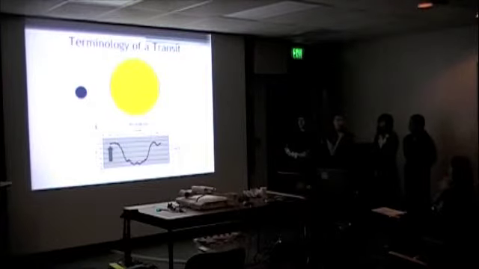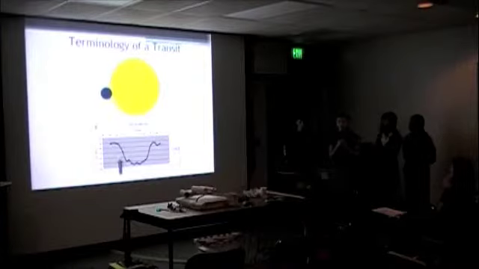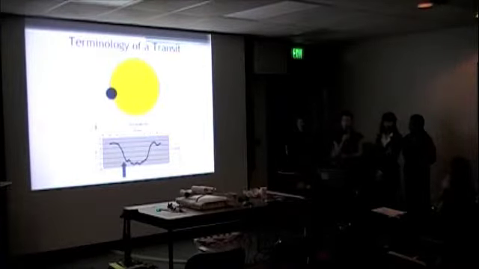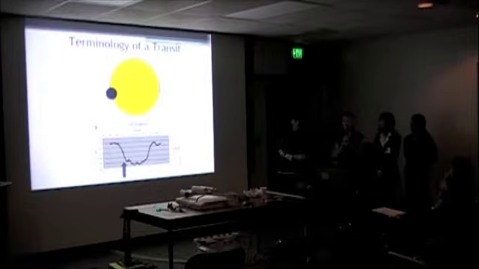So this is an animation of a transit. When the planet goes in front of the star, as you can see, the light curve decreases because the amount of light that we observe decreases.